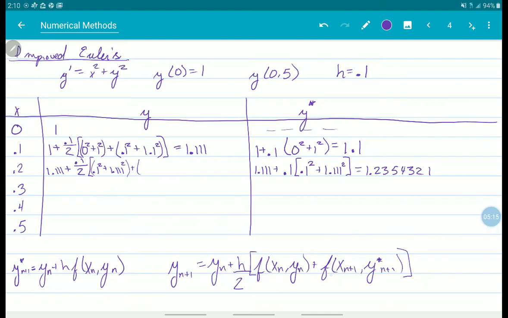Plus the current x and the current y star in the differential equation.